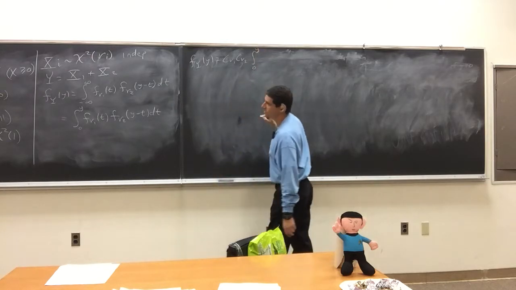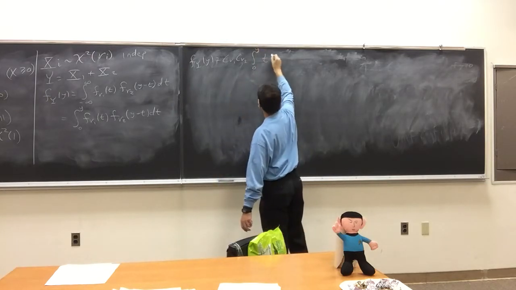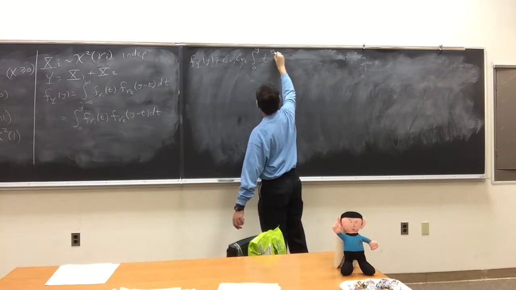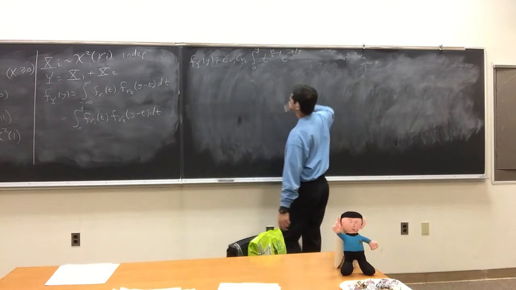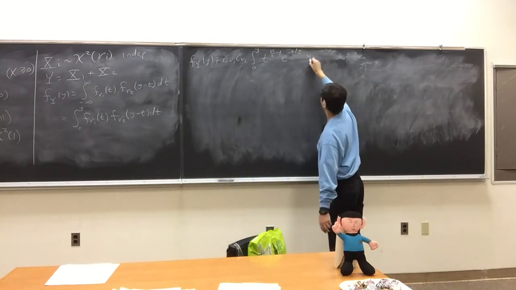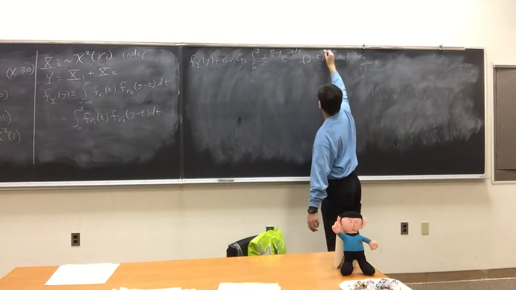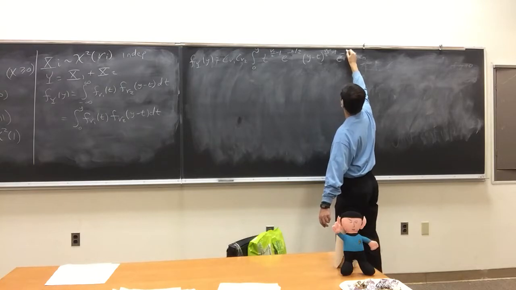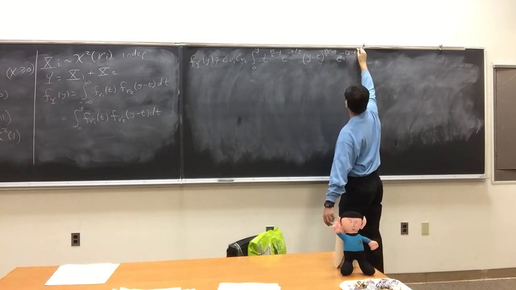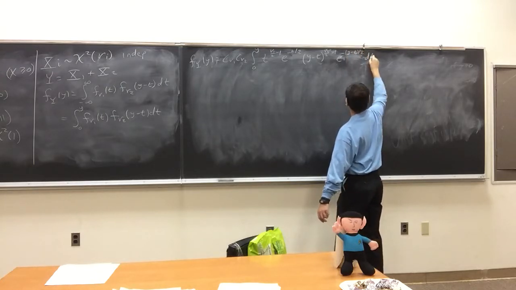The first one's density is going to be t to the nu 1 over 2 minus 1, e to the minus t over 2. And the next one will be y minus t to the nu 2 over 2 minus 1, e to the minus (y minus t) over 2 dt.